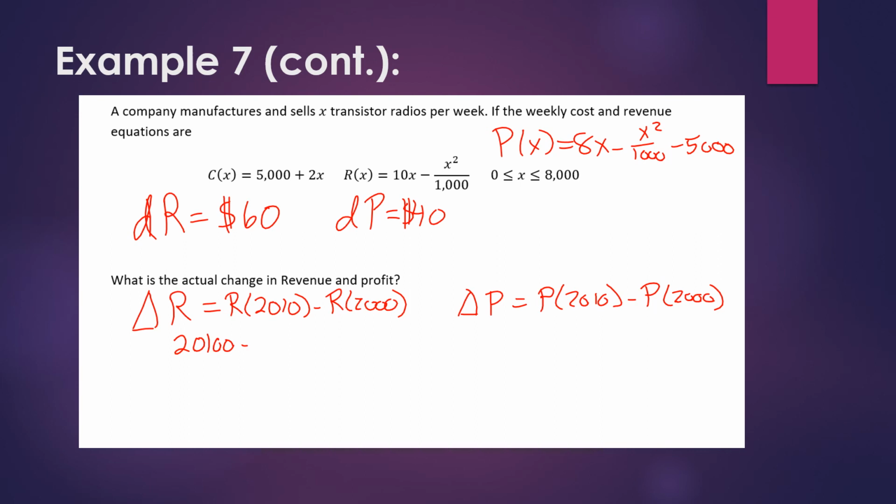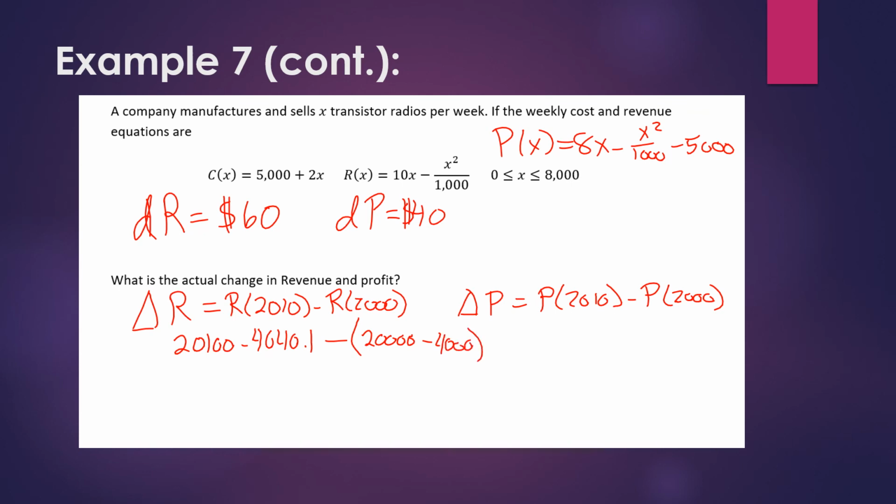So that's going to be minus 4,040.1 minus R of 2,000. So we got to plug in 2,000 now. 10 times 2,000 is going to be 20,000, minus what happens when we plug in 2,000 squared over 1,000, which is going to be 4,000.